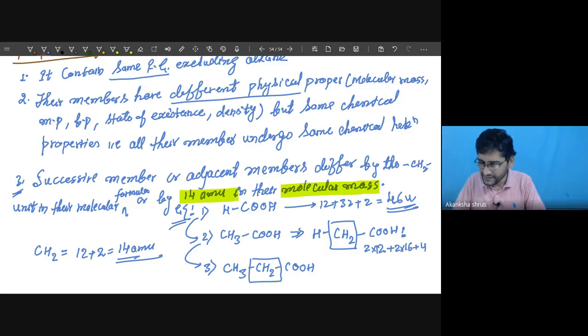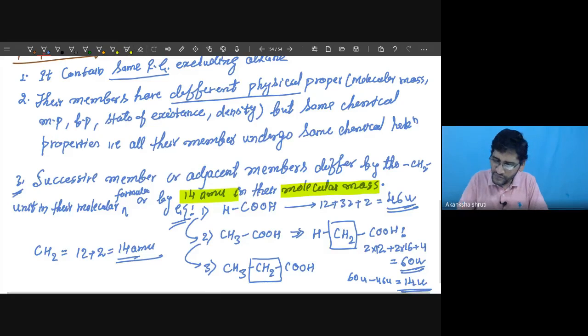So you just add: 24 plus 4 is 28, plus 32, it becomes 60 U. Now if you take the difference of 60 U and 46 U, again you get 14 U. So this is the meaning: their molecular mass differs by 14 AMU, but their formula differs by CH2.